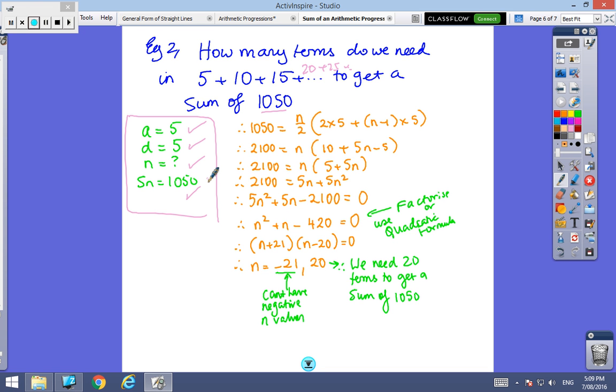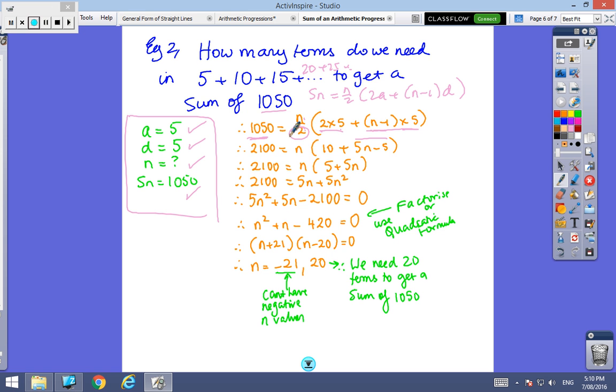So what we do is we set up the formula. S on n equals n on 2 (2a plus (n minus 1)d). So 1,050 is the sum, n on 2 is n on 2, and we don't know n, so we can't subtract, times d. Expand that out, simplify that, so 2 fives are 10.